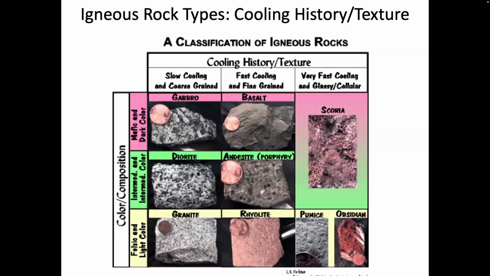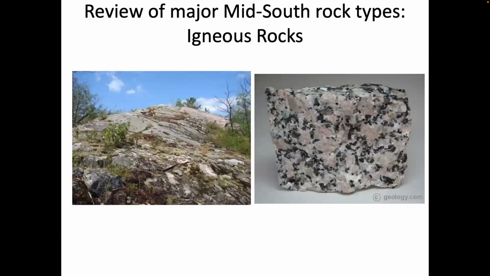Okay. All right, I think we've hit the highlights on igneous. Here's a granite outcrop shown on the left, just as a way to visualize what these might look like out in nature. That's a big part of what I want you to get from this class: what do these look like when you see them in the field? Where are the places in our parks and natural areas and cities and rural countrysides?